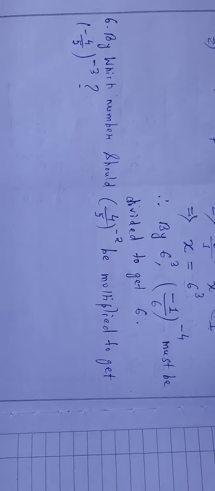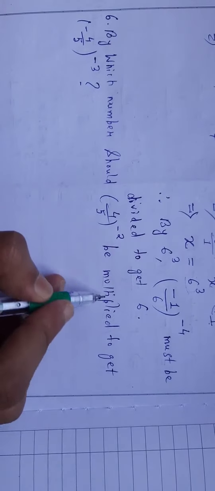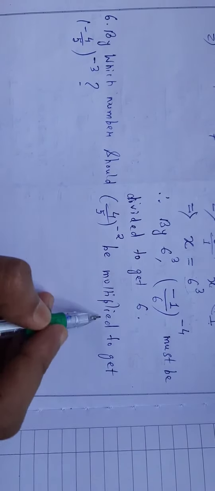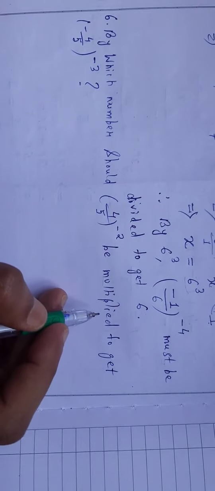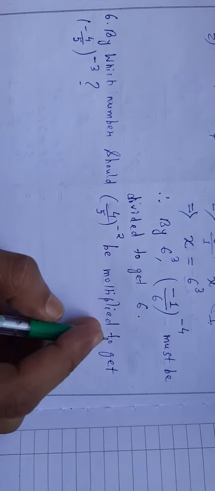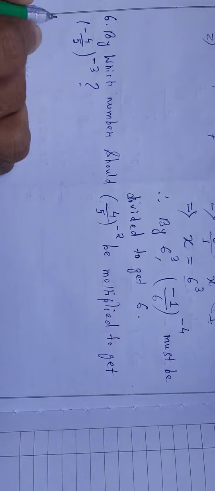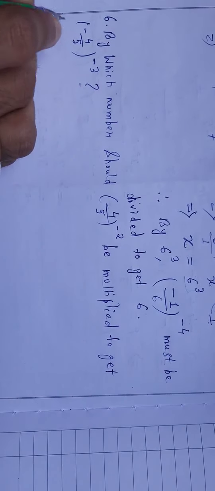Now in this question you can find by which number it will be multiplied, instead of the division that we have seen in the previous question. So the process will be similar.